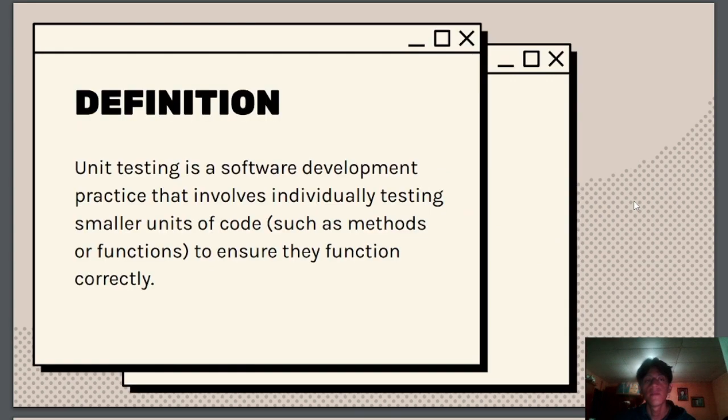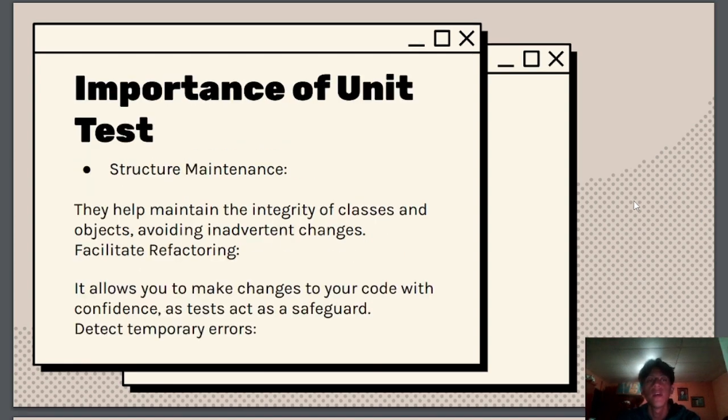Unit test. Definition. Unit testing is a software development practice that involves individually testing smaller units of code, such as methods or functions, to ensure they function correctly. Importance of unit tests.